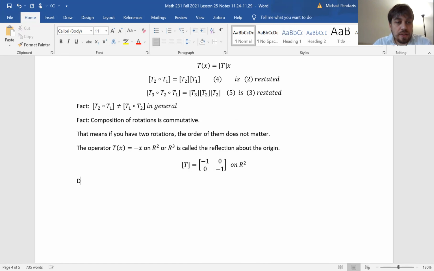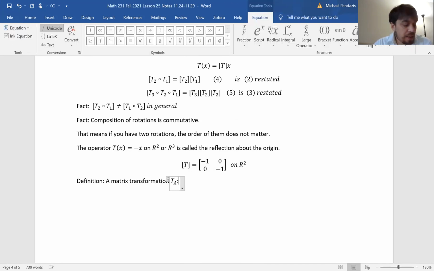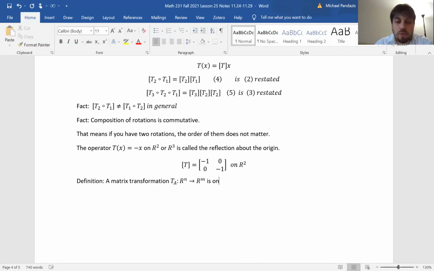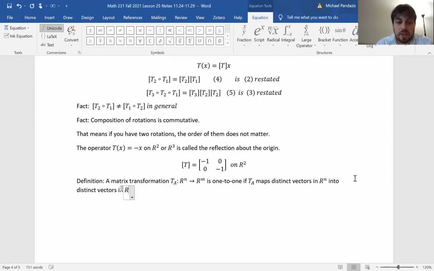Definition. A matrix transformation T sub A from Rn to Rm is 1-to-1 if T sub A maps distinct vectors or points in Rn into distinct vectors in Rm.